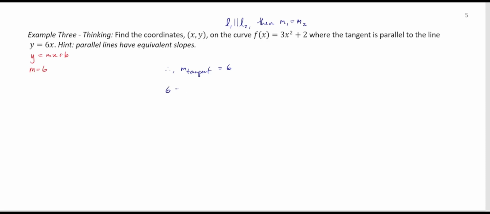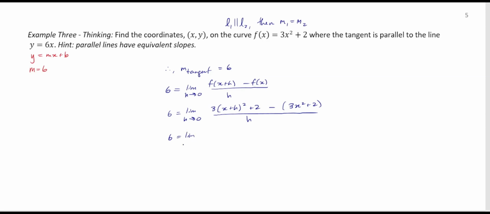So 6 will be equal to the limit as h approaches 0 of f at x plus h minus f at x all over h, and I can start substituting some values in here. So f at x plus h is the same thing as 3 times (x plus h) all squared plus 2, minus the bracket 3x squared plus 2, all over h.